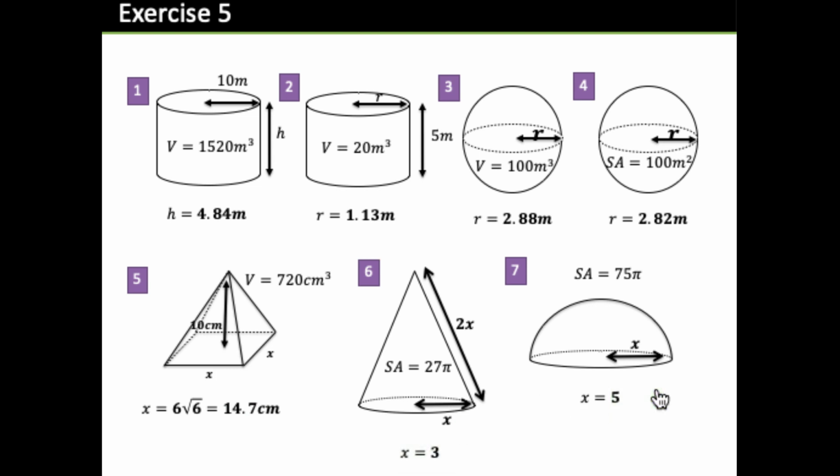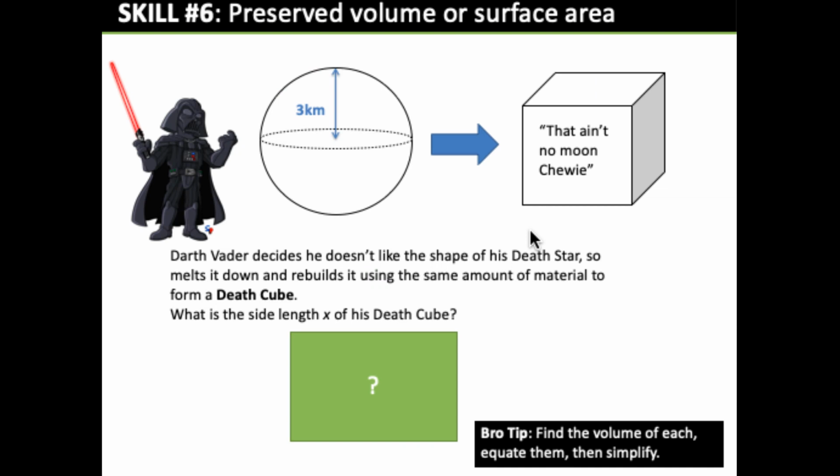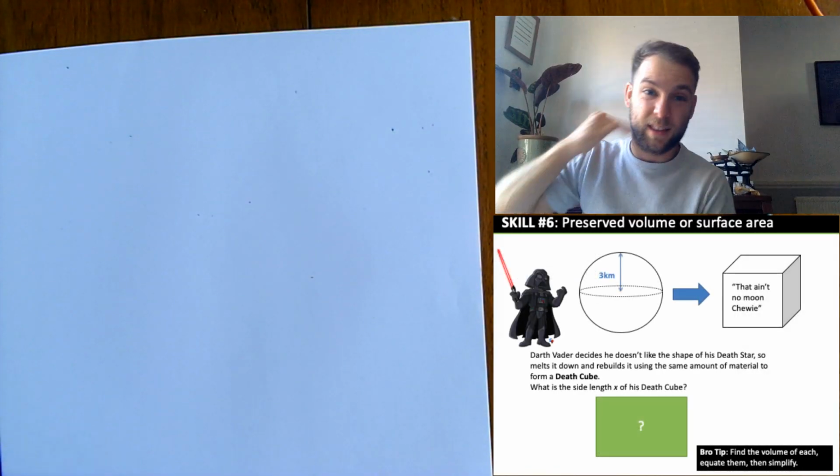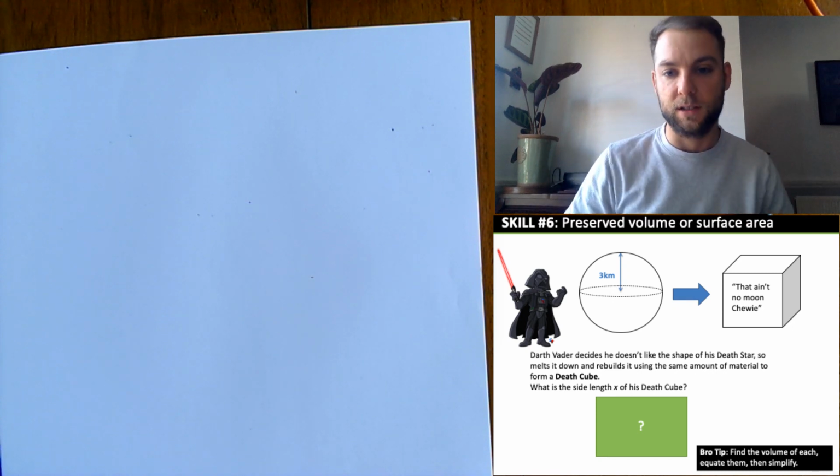Well done if you got 6 and 7 right. They were really tough. Okay. So, let's move on. So, here's our next question. And the next kind of questions, and this is the last part of this, these are the hardest type of volume questions.